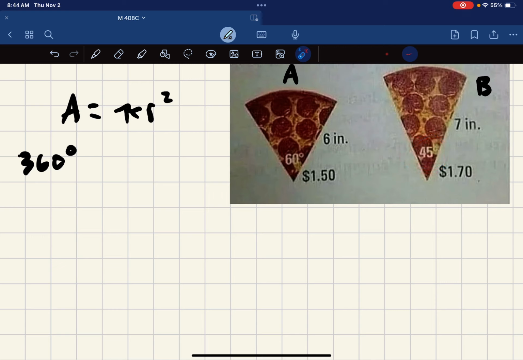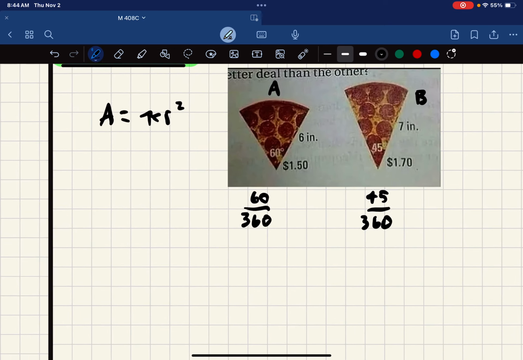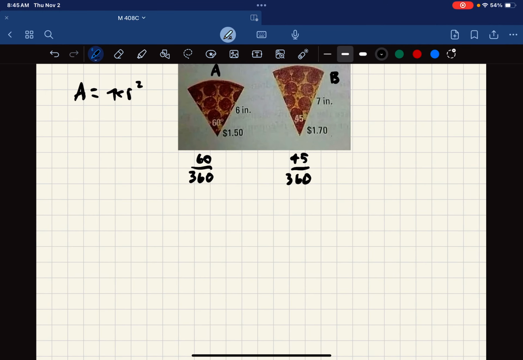So therefore, this first pizza slice represents 60 over 360 of the full pizza, and this one represents 45 over 360 of the full pizza. So all we have to do is multiply these two proportions by the total area in order to figure out the area of each slice. Let's go ahead and do that.